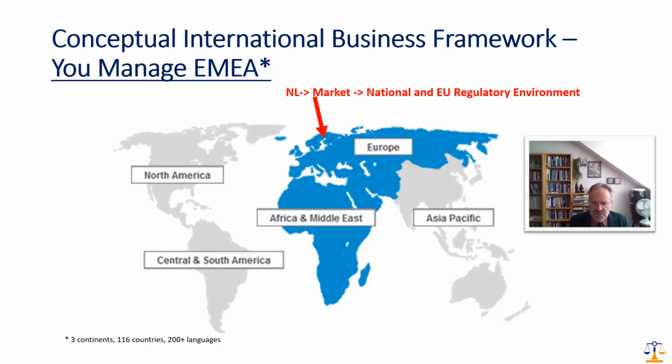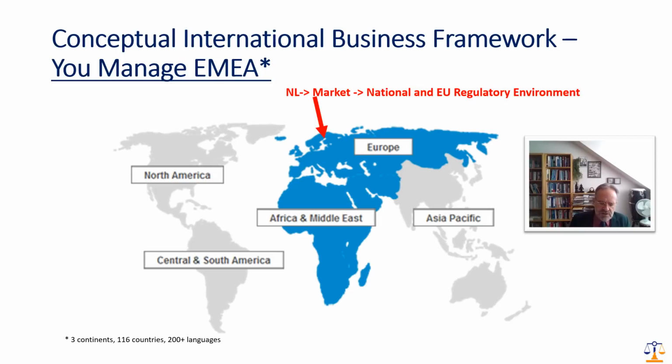But the complication we immediately introduce now, but which we will look at in the next lecture, is the European Union. So when you analyze the Netherlands, you basically have two regulatory environments to analyze. You have the country, the Netherlands, and you have the EU, which, as we will see in lecture 3, is also able to create rules which can affect companies.